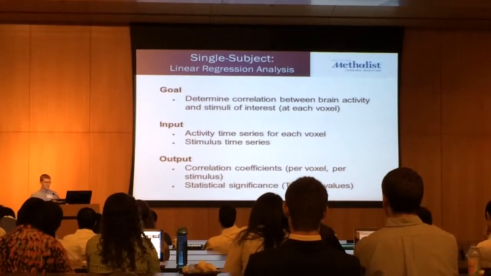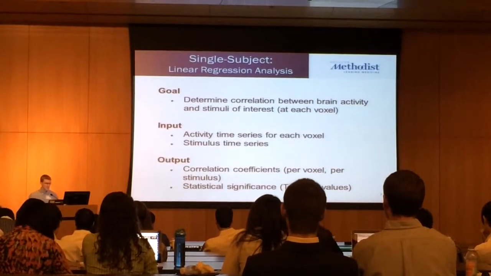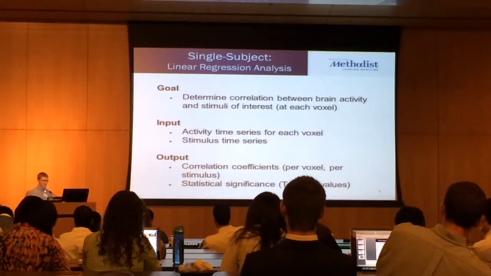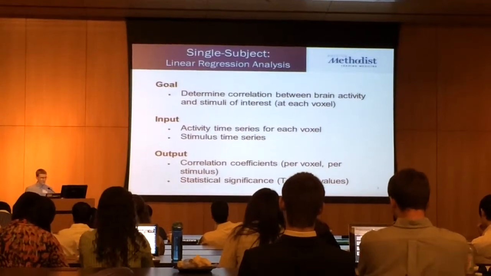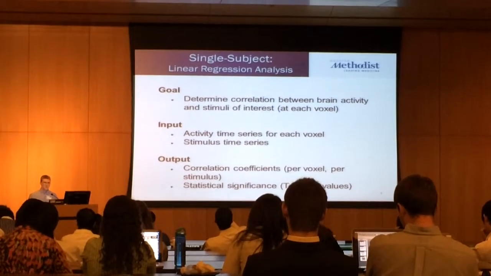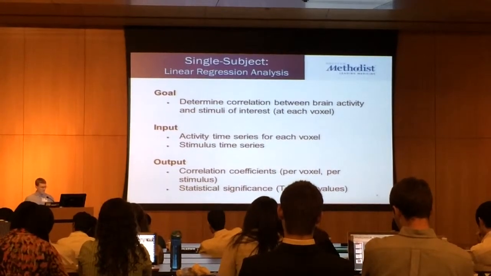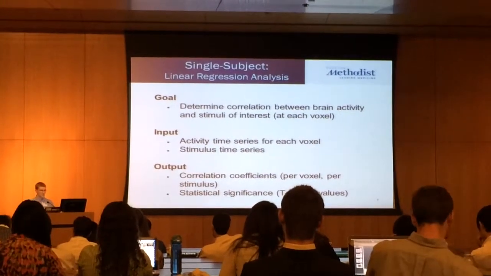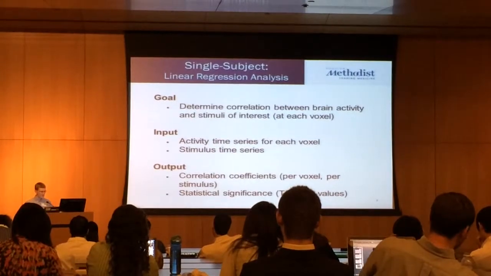The input to linear regression is the output of all the pre-processing steps that we just looked at, so it's the activity at a particular location in the brain, and the other input is the stimulus time series. The output of linear regression, and generally what we look at at the single subject level, is a correlation coefficient. Basically, it tells you how well there was a correlation between activity and the stimulus.